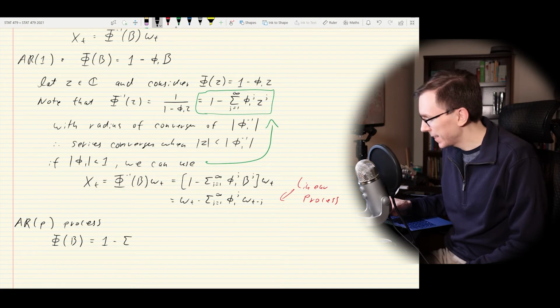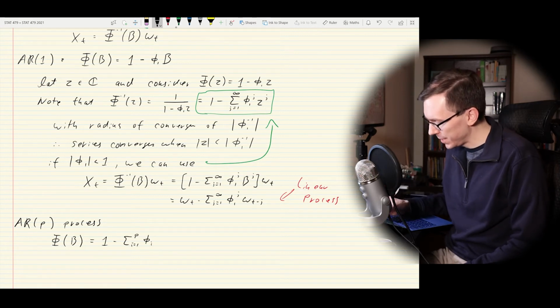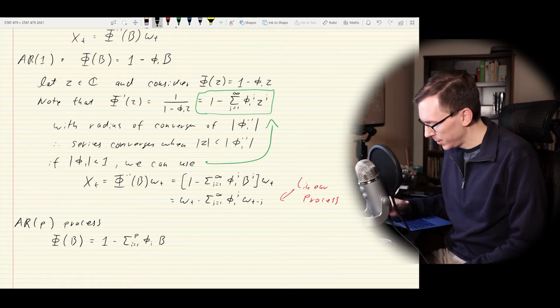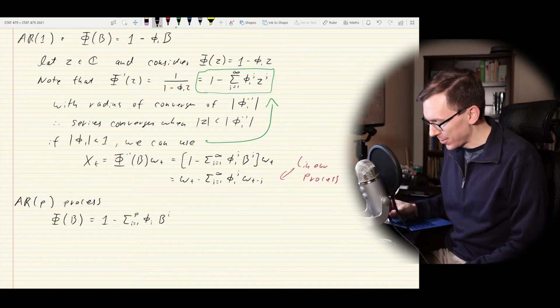We'll just use the sum over i from 1 to p of phi sub i, because we could have multiple coefficients here, and B to the i.